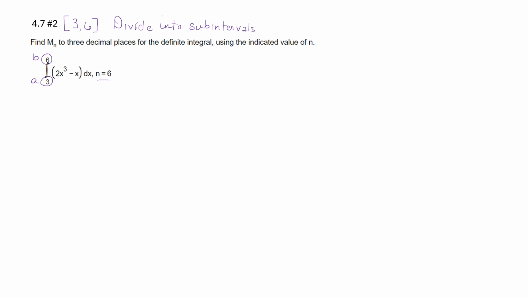And to do that, we're going to use that the change in x is equal to b minus a divided by the n value. So for us, that's going to be 6 minus 3 divided by 6, or 0.5.